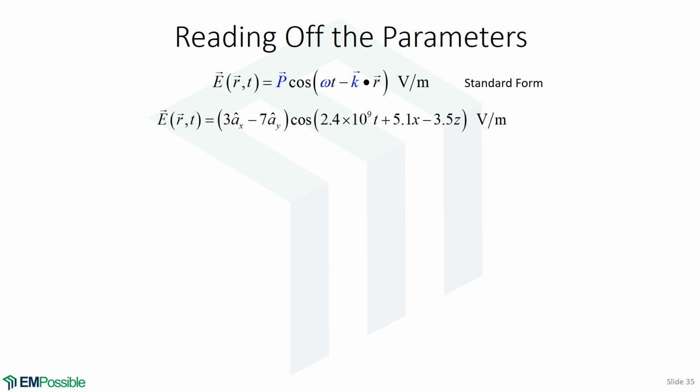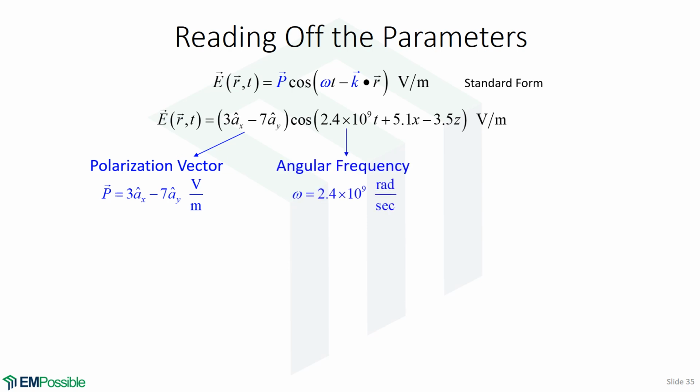And once we do that, we can read off all these various parameters. So clearly, comparing these two equations, what is in parentheses here is our polarization vector. We can read off our angular frequency, 2.4 times 10 to the 9. And the units here for angular frequency are radians per second.